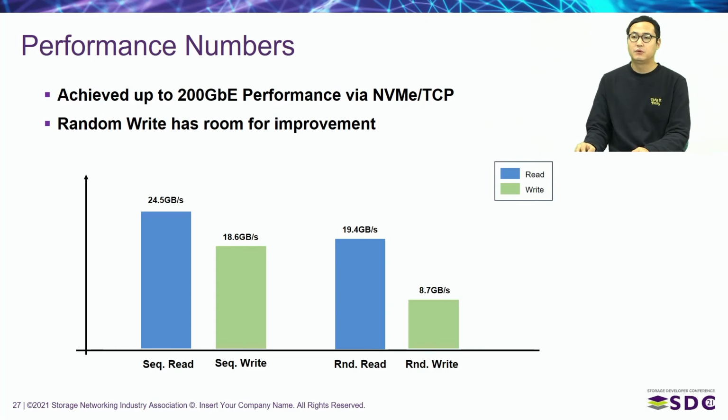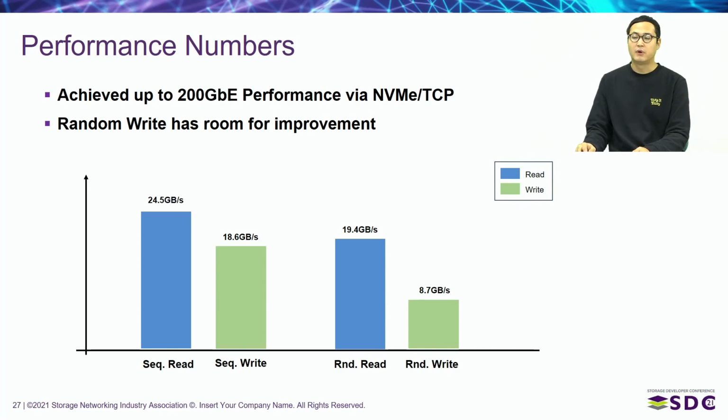This figure shows maximum performance of the Poseidon system in case of sequential read, sequential write, random read, and random write respectively. You can see that a single Poseidon system can achieve up to 200 gigabit Ethernet performance via NVMe TCP in most cases. Especially, the performance of sequential read is up to 24.5 gigabytes per second, which is saturated by network speed.